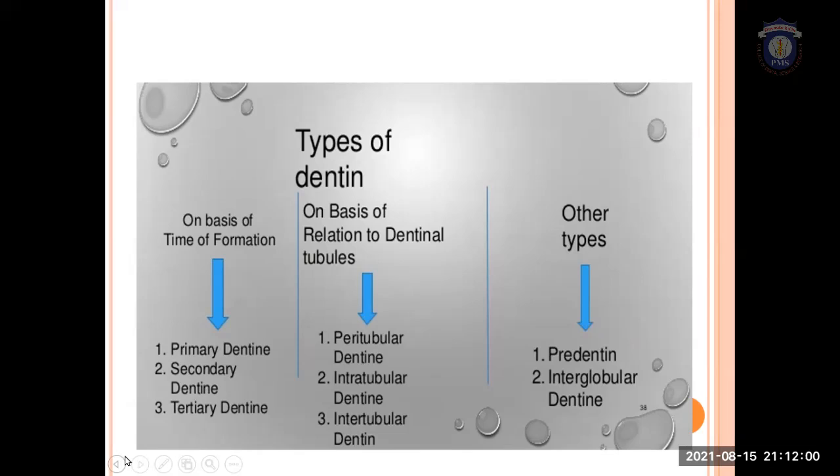A few other types of dentine have also been identified within the dentine. So they are the predentine and the interglobular dentine. So predentine is the first formed unmineralized dentine. So the matrix which consists primarily of the organic matrix which is unmineralized is known as the predentine. So when dentine is formed, the odontoblast first lays down a matrix which is not completely mineralized.